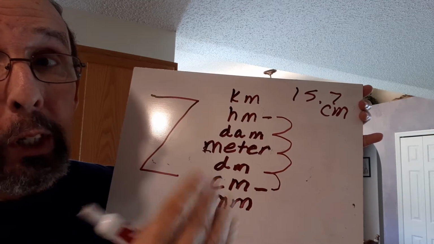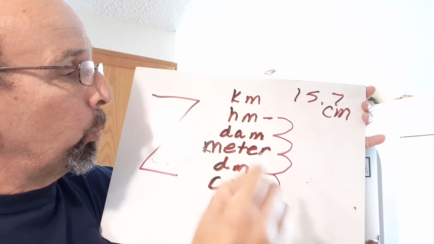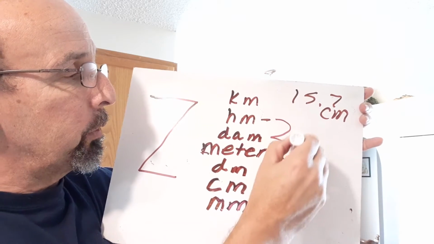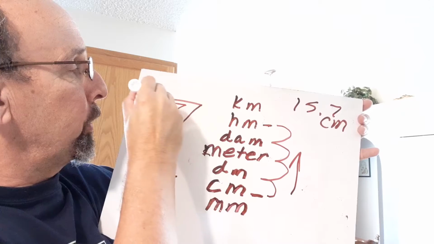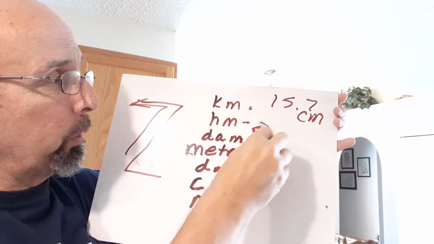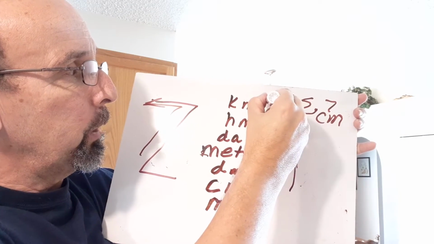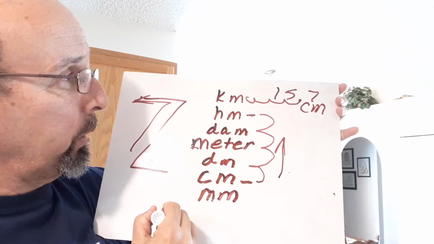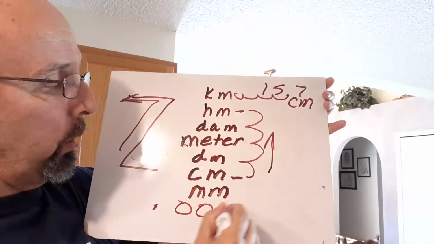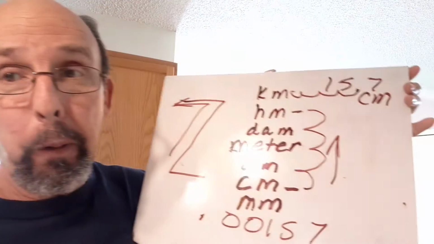So we're going to move 4 decimal places, 4 jumps. Which way? We're going up in the scale this time. So up, the decimal place goes to the left. So we're going to move 4 decimal places to the left. So we go 1, 2, 3, 4, and it's going to be 0.00157. Is that what it says in the book? Yes, it is.